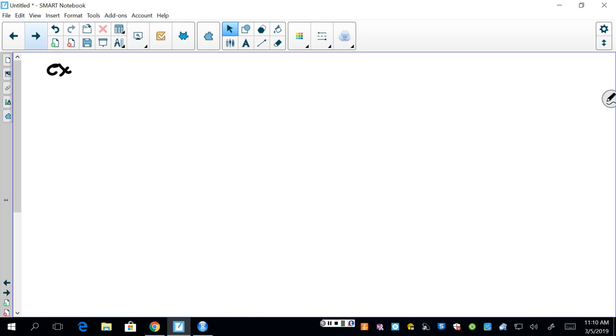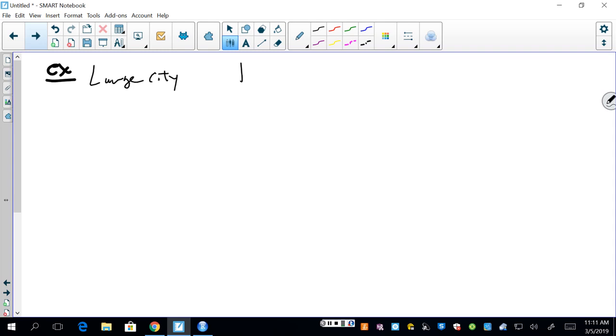So let's return to an example. So you're in the large city. And now let's say that the hourly measurement of carbon monoxide doesn't follow an exponential distribution, but it follows a gamma distribution with parameters 1/2 and 7.2.